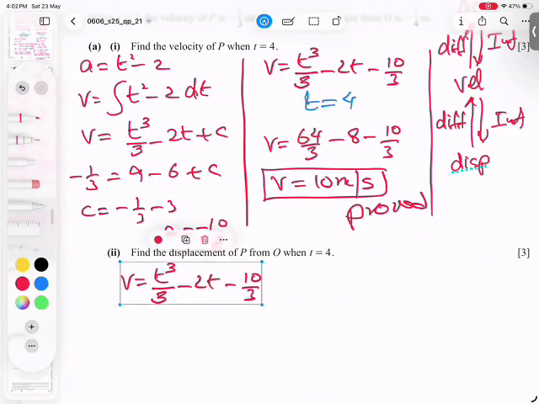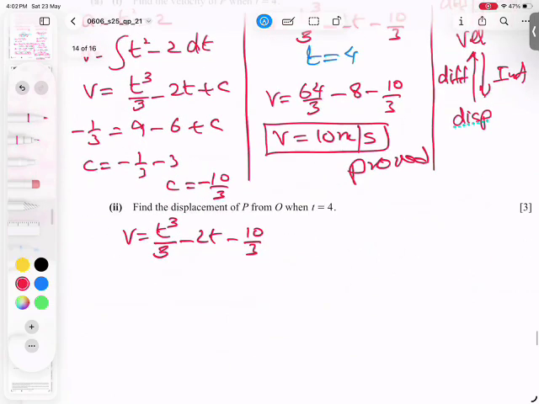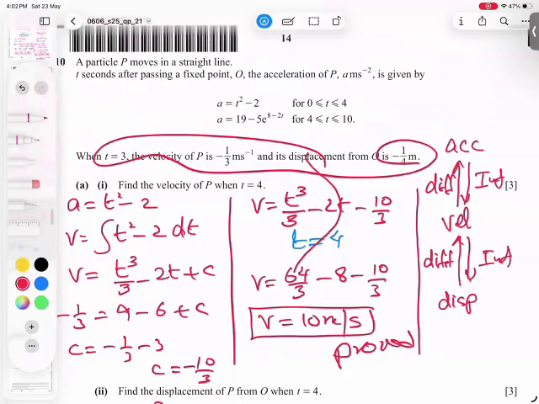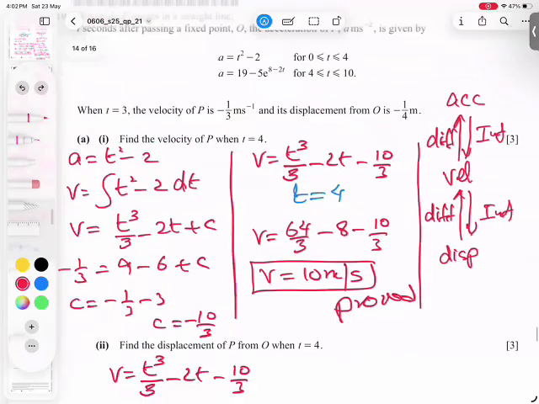I have to integrate it. I have two options, integration with C or without C. Both are okay. So I get displacement, integral sign. On the top, he has given us that when time is 3, the displacement is -104, so I can use that.